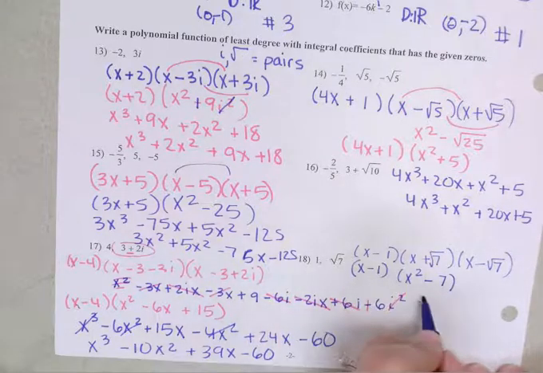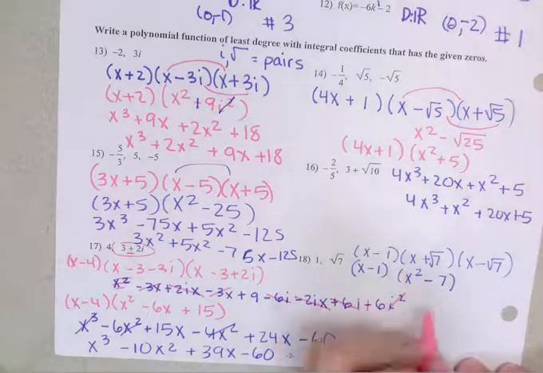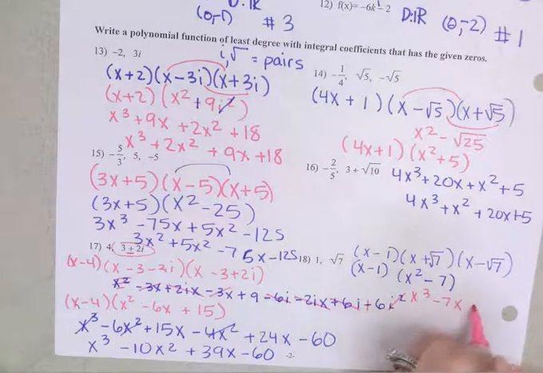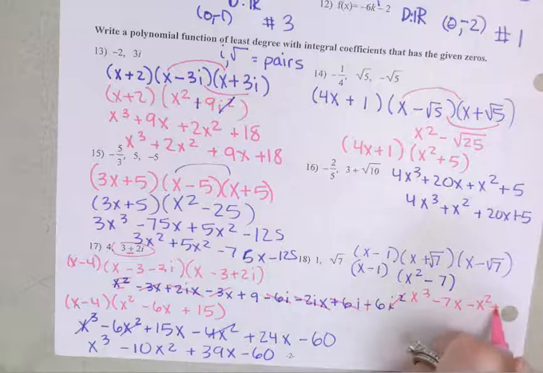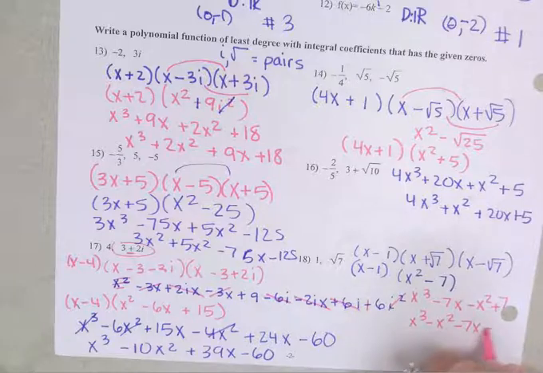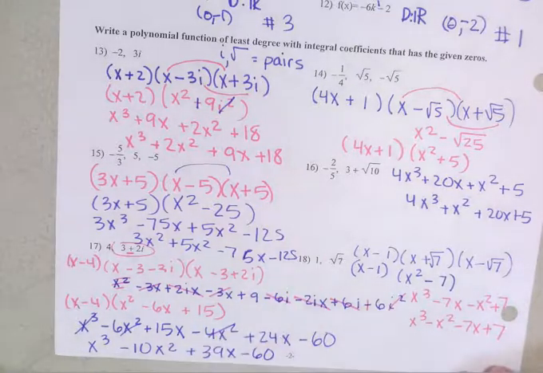Multiply it out, I get x cubed minus 7x minus x squared plus 7. Write it in the math order by exponent. And there's that one. Okay, number 16, I'm going to get a separate sheet of paper for.